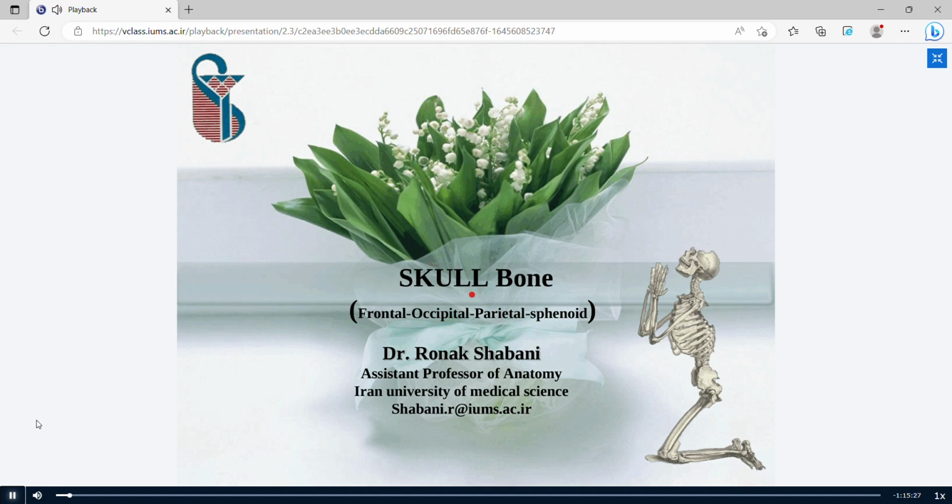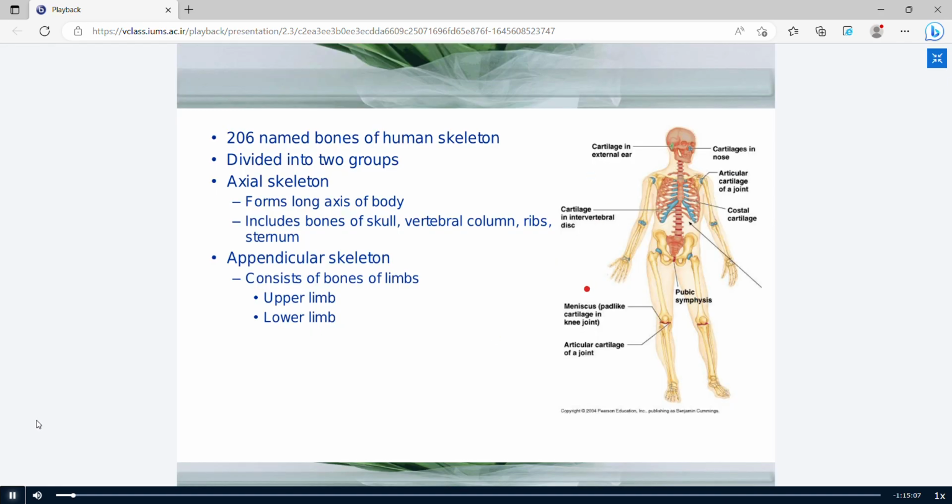The first session is about skull bones, and in this session I explain about the frontal bone, occipital bone, parietal bone, and sphenoid bone. As you know, the bones of the human skeleton are divided into two main groups, axial skeleton and appendicular skeleton.